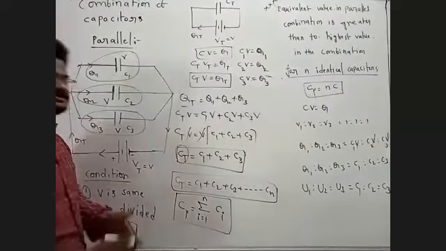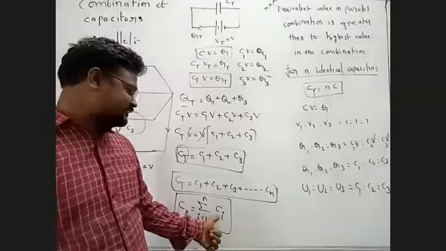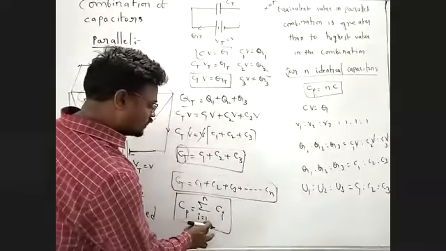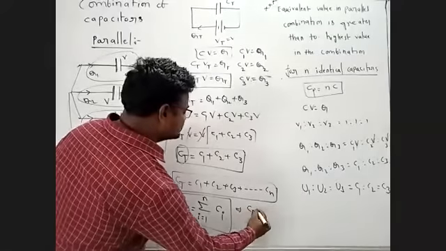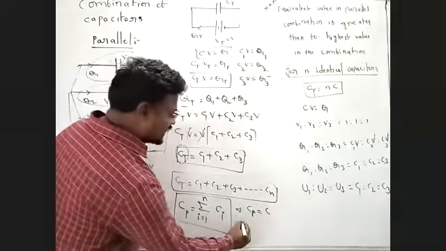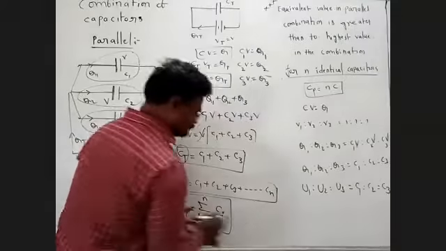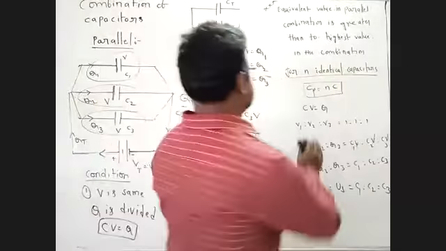This is the formula for n capacitors. For example, if i is equal to 1, Cp is equal to C1. Suppose i is equal to 2, i is equal to 3, for example.